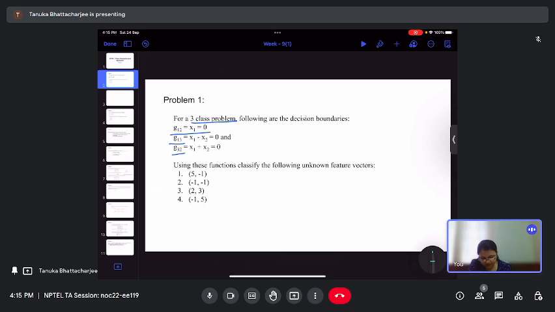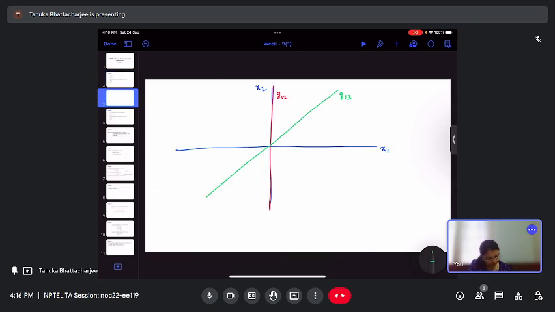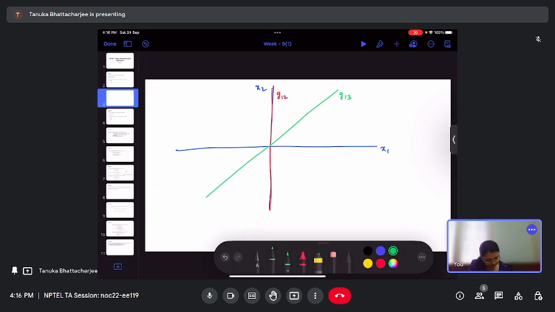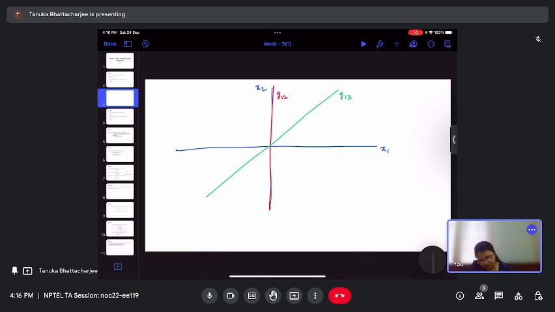And the last one, G32, is x1 plus x2 equal to 0. Let me take this color. So that will be this line. This is G32.